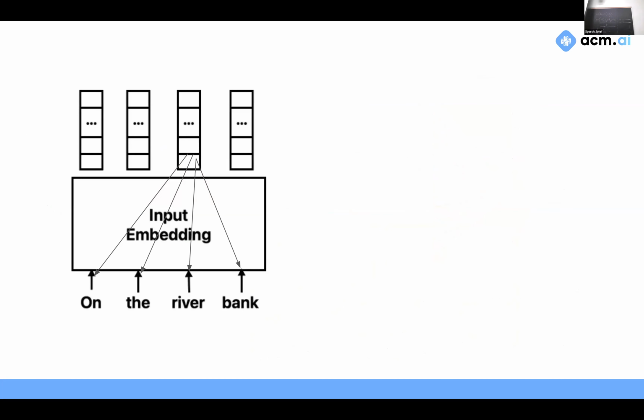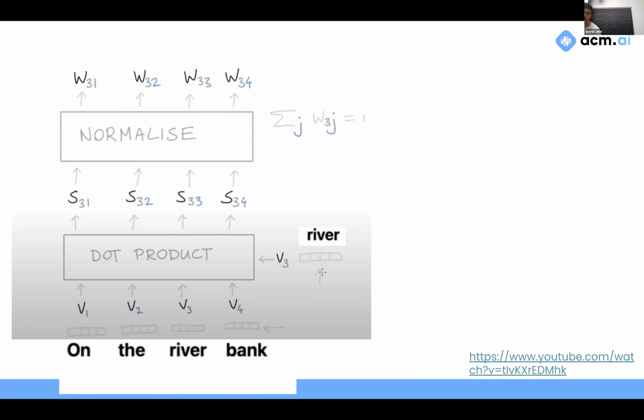So that's that. Let's look at a sentence like this, like "on the river bank," right? We want to get a hidden representation state that is pretty much an attention sum of all these different words. Remember, all these words are vectors, right? This is a vector, this is a vector, this is a vector, this is a vector.